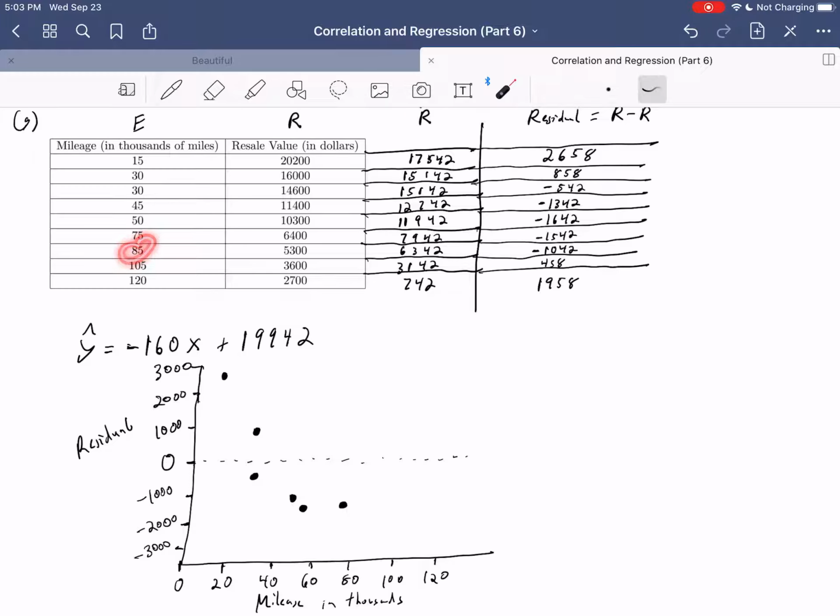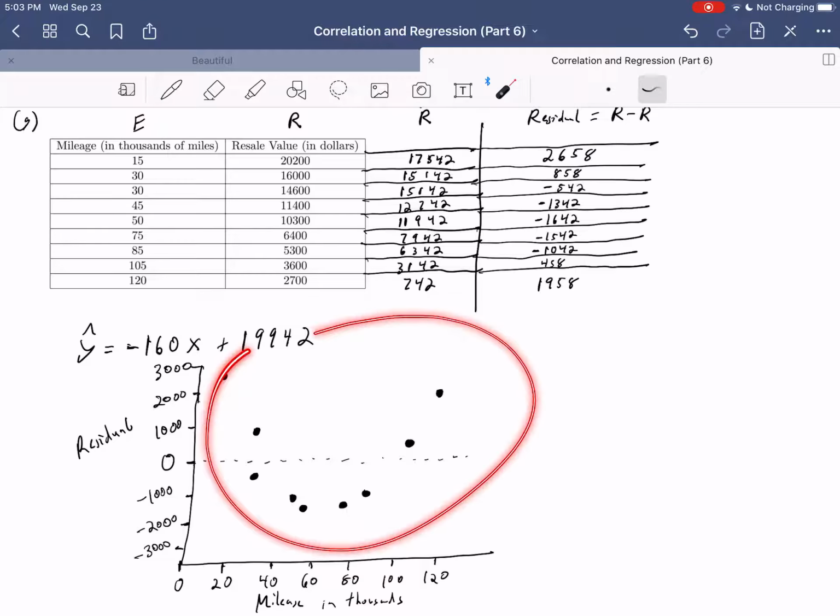Then 85 and negative 1042. Okay. Then 105 and 458. So maybe right about there. And then finally 120 and 1958. So 120 and 1958, right about there.